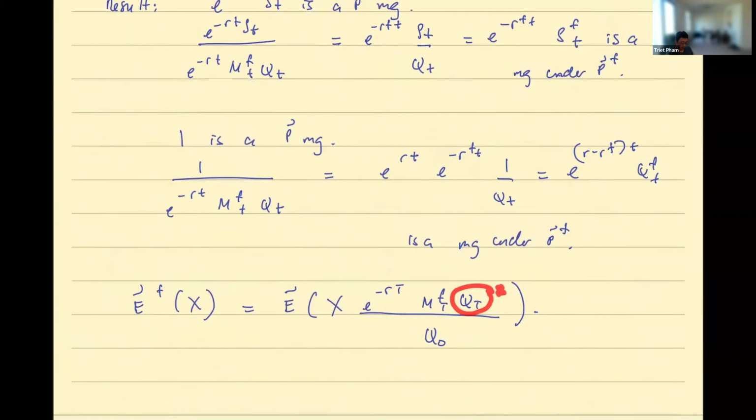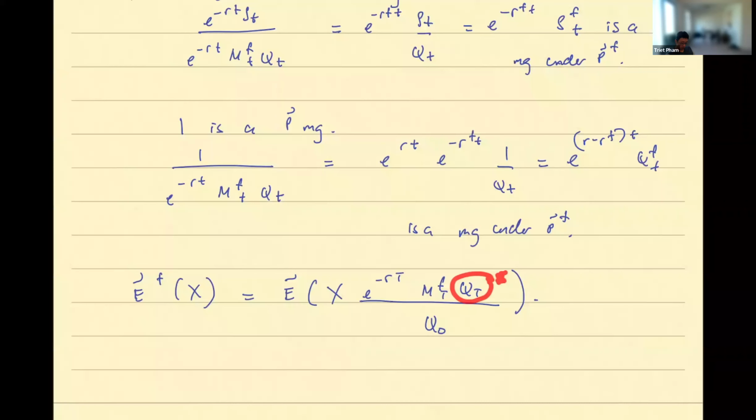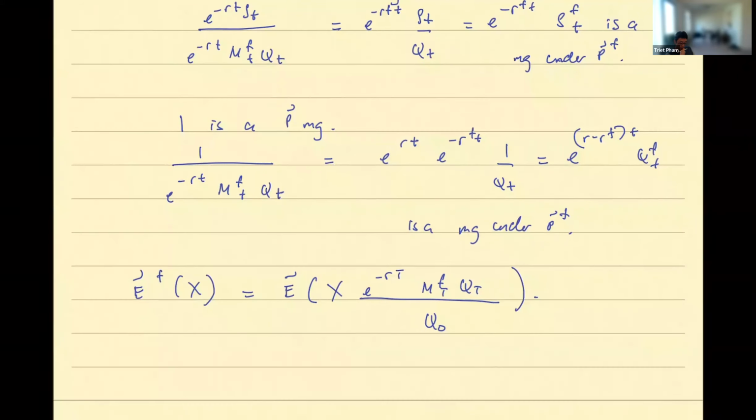So basically, the Q will tell you what the drift term is for the theta I, but we're not going to write it down completely if we don't need to.